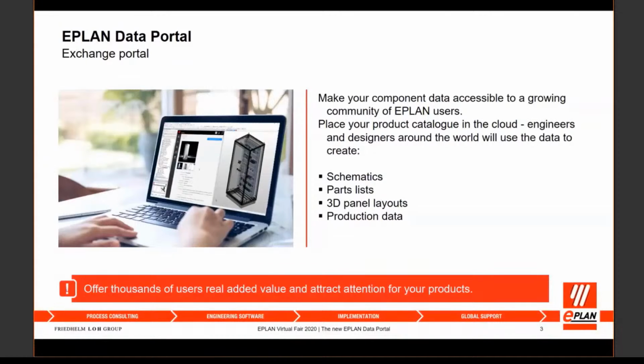The customers have added value by using this high quality parts data. They save time because they don't need to create and search for the data by themselves. And also the probability of mistakes will be reduced if they use the data from the data portal, because they don't need to search everything and create everything by themselves.